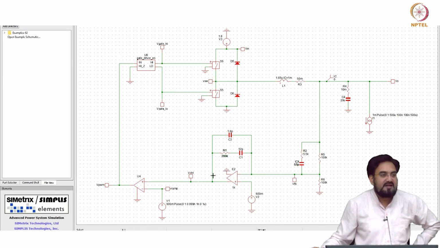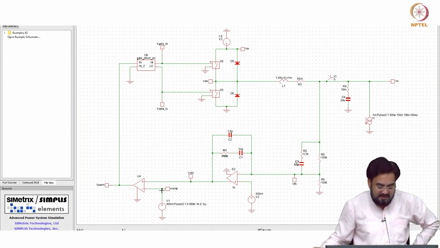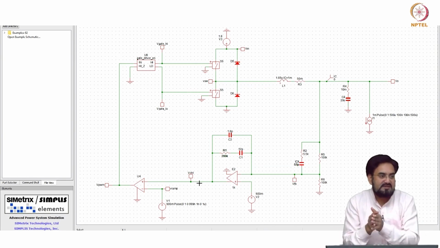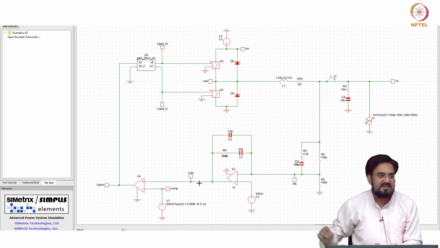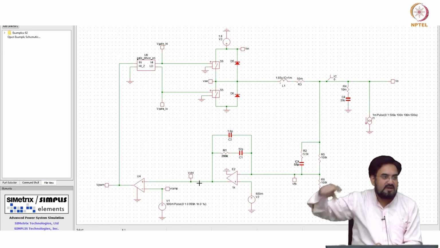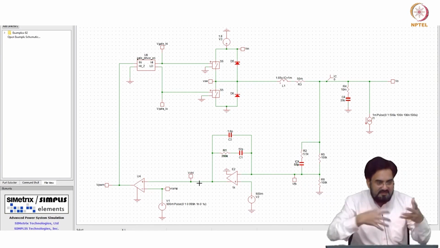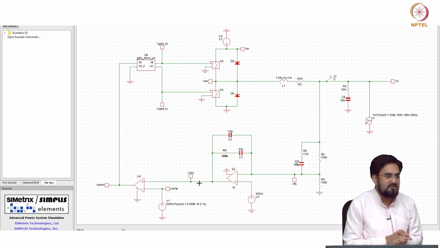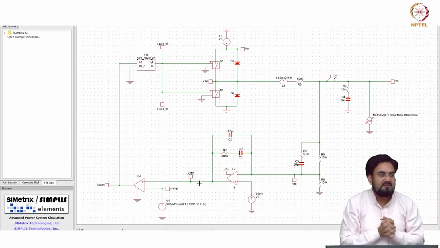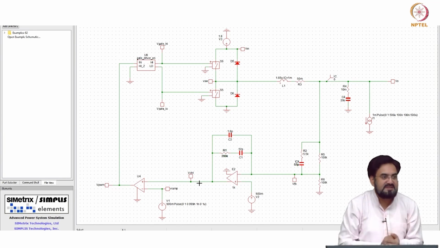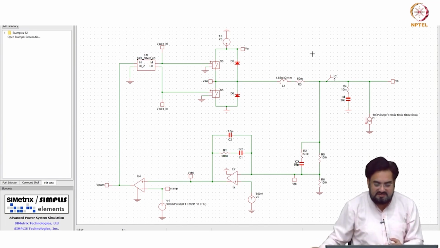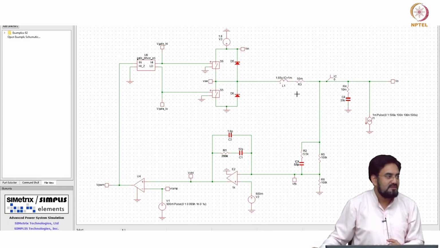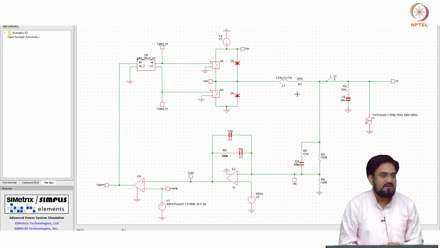So it will get amplified and pass here, and now if you look at 1.01 megahertz and you are sampling at 1 megahertz, every cycle that control voltage will be changing and you will see a tone at 10 kilohertz. It's just like multiplying the two signals. If you take a 1 megahertz signal and 1.01 megahertz, what will you get? You will get those two tones and a difference of the two, and the difference will be sitting at 10 kilohertz, and 10 kilohertz will not be suppressed by the LC, because that is very low.